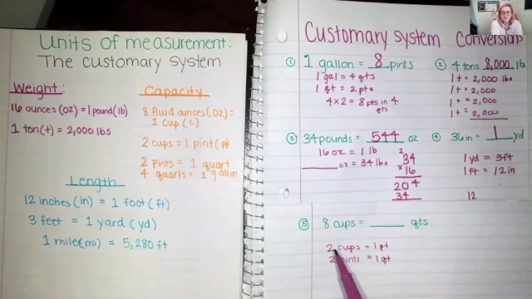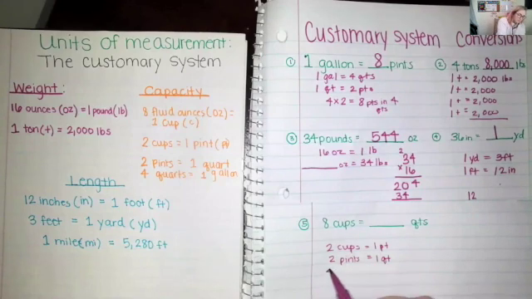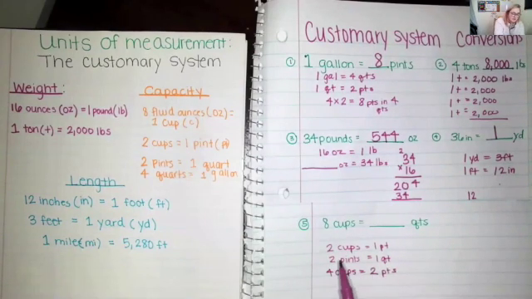Well, 2 cups is 1 pint. So another 2 cups would be 2 pints. So 4 cups would equal 2 pints. Because if 2 cups is 1 pint, 2 pints would be 4 cups. But what do I know?